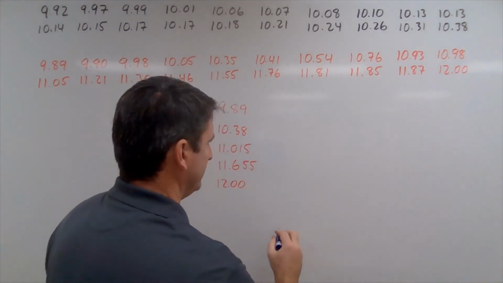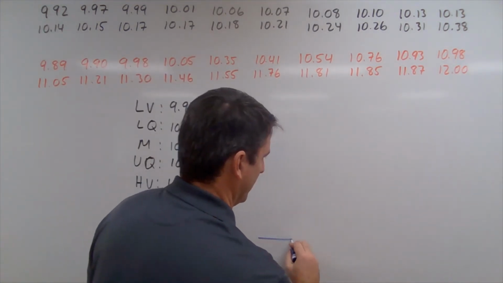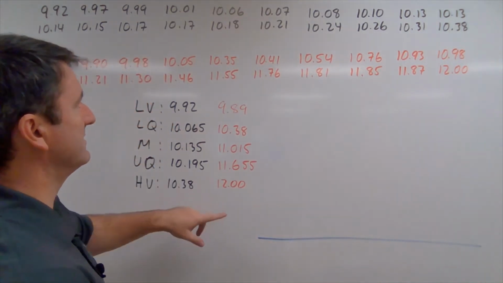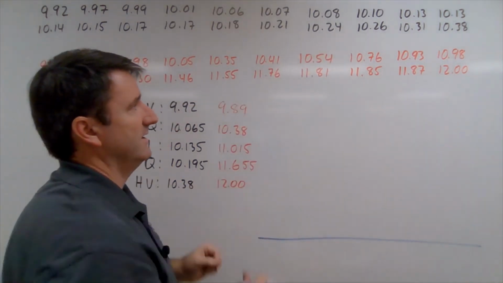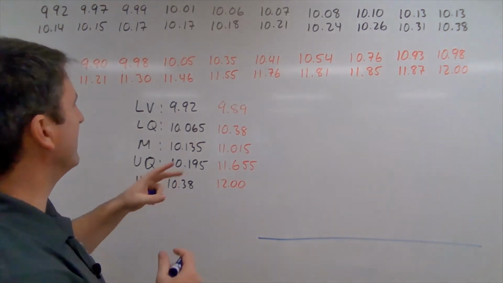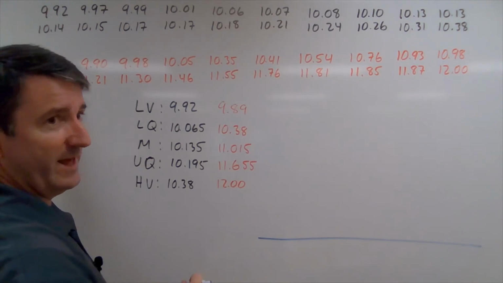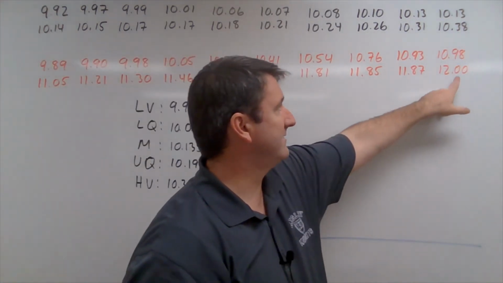So first step is going to be to draw a number line. We'll make our number line with values that are sufficient to cover the entire range. Our lowest value in any of these data sets is 9.89, and our highest value is 12.